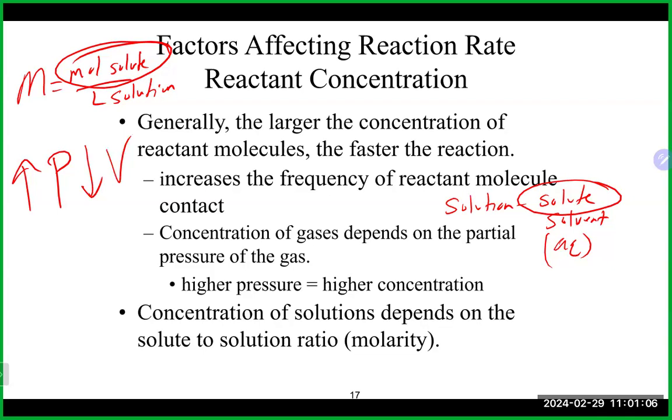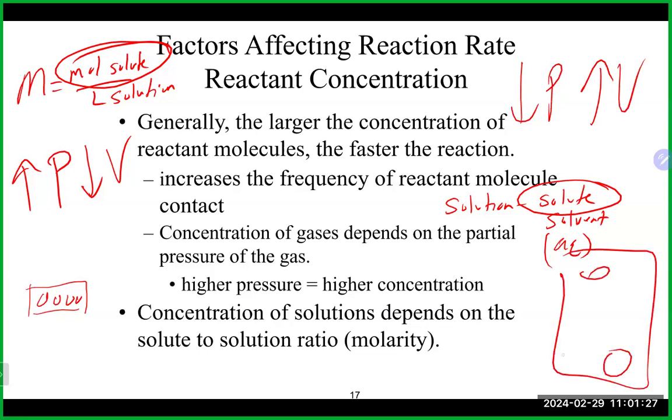So if you have a really high pressure, your gas molecules are now in a very small location, which means a pretty good chance they're going to come in contact with each other a lot quicker, and it's going to increase the rate of that reaction. As opposed to if you lower the pressure, you typically will have a larger volume, which means everybody's got a longer journey to find each other in that bigger volume. That will probably slow down your reaction.